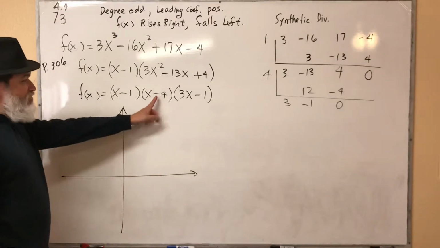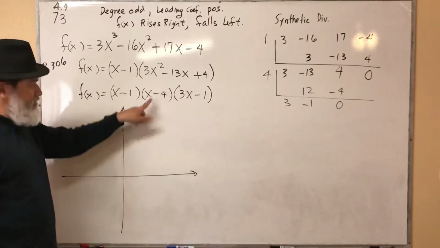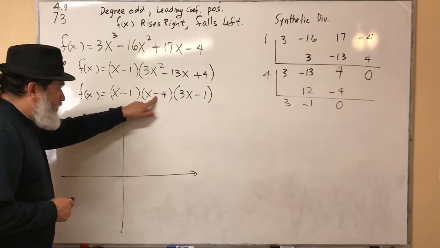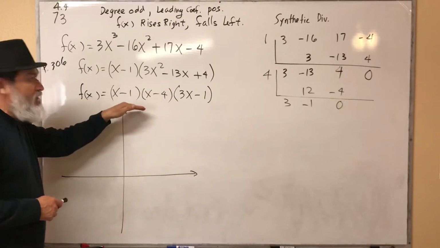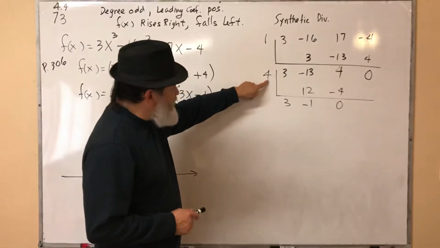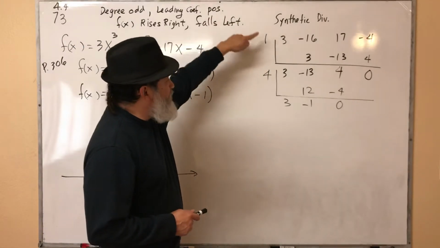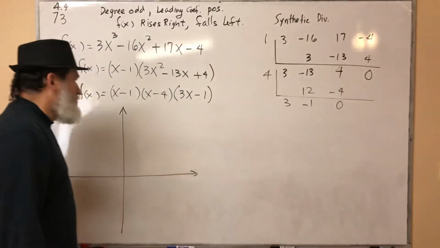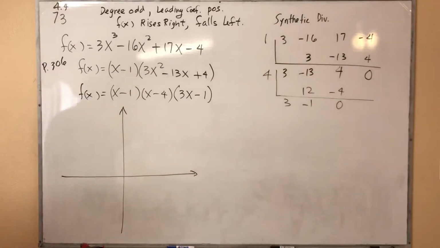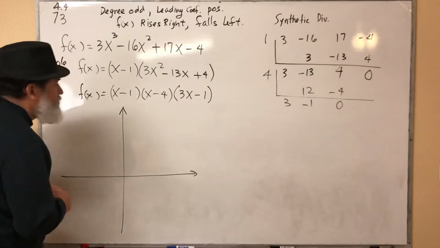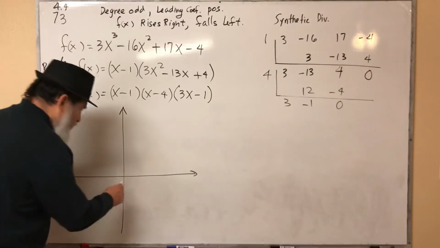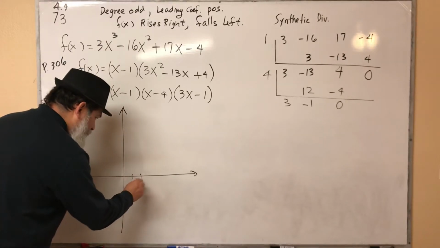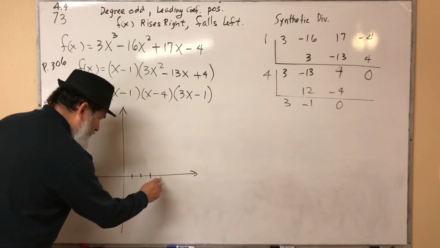We have a 0 at x equals 4. If you set this equal to 0, at x equals 4, we have a 0. We have a 0 at x equals 1. Yes, we do. So watch this. 1, 2, 3, 4.